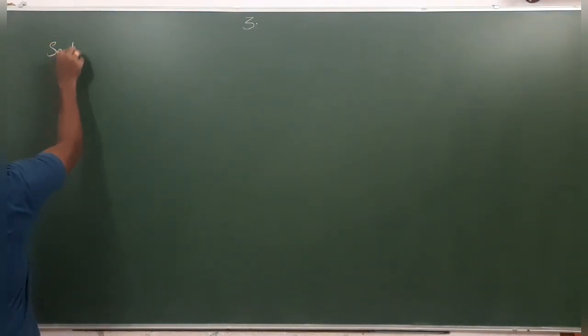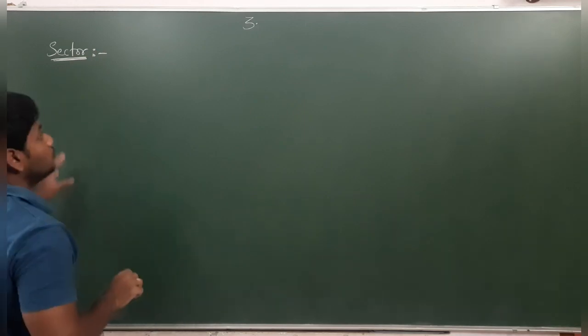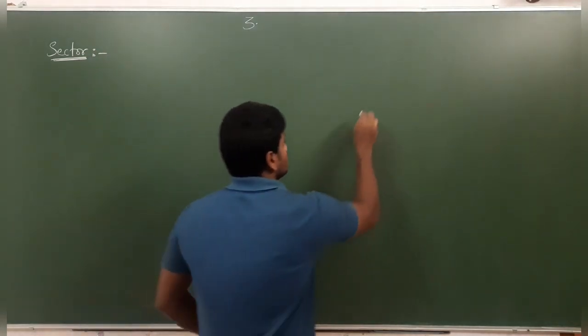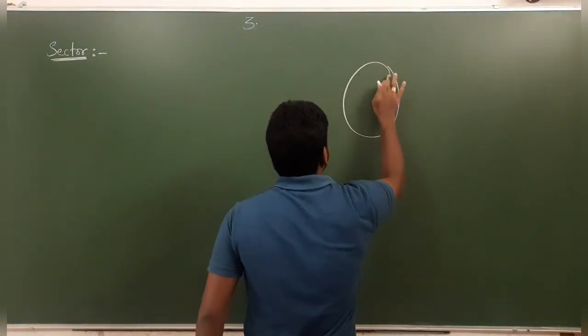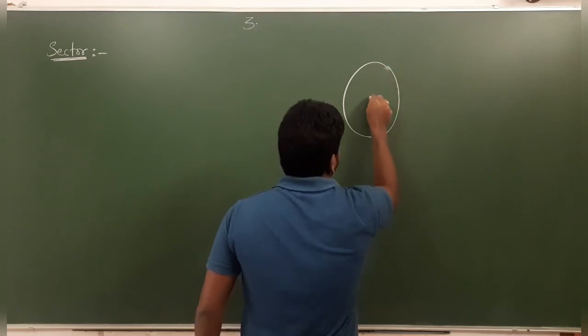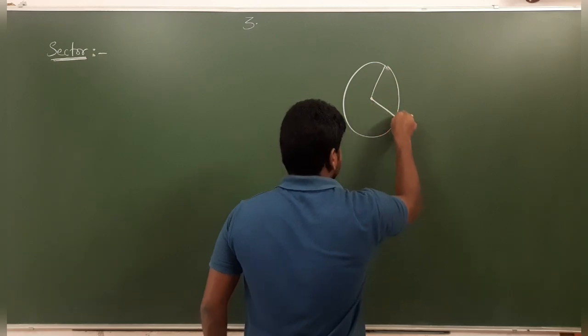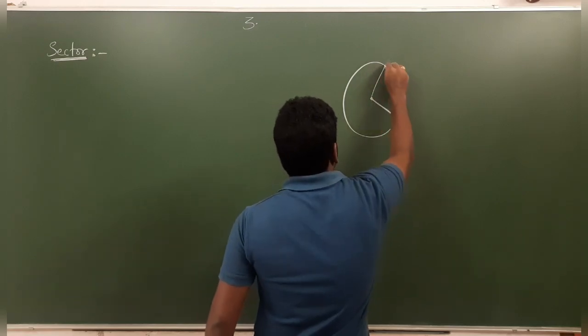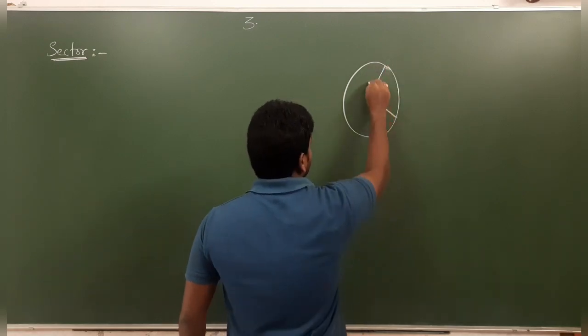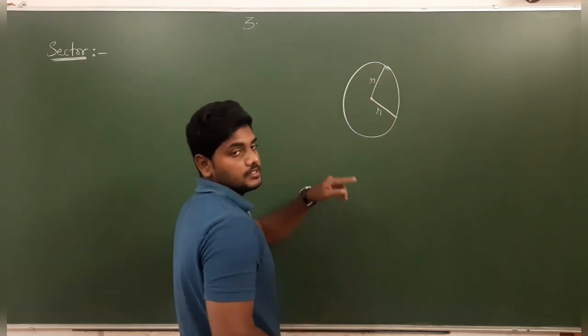Next one is sector. We will find how to find the area of that sector. From this figure, for example, if I consider this arc, these are the radius.